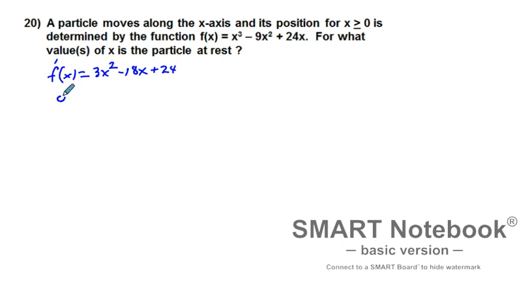We set this equal to 0, and we can factor out our common factor of 3, so 3 times x squared minus 6x plus 8. So we can divide by 3, and if we factor this, we have 0 equals (x minus 2) times (x minus 4).